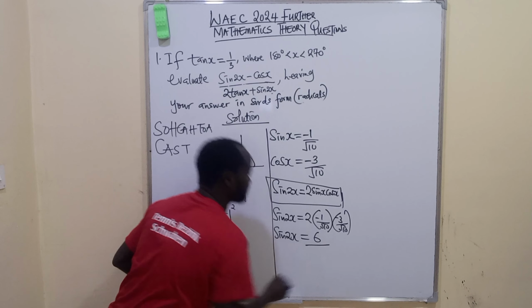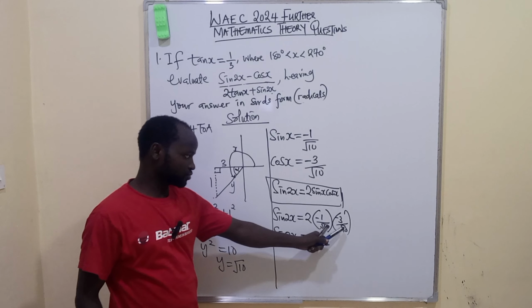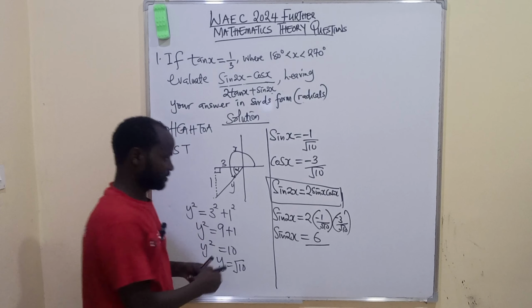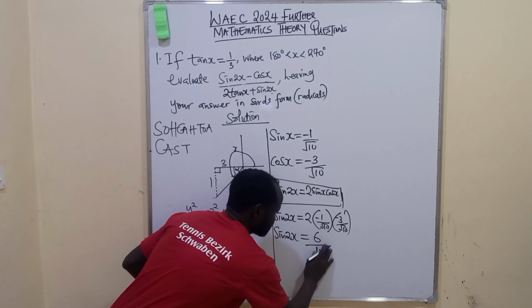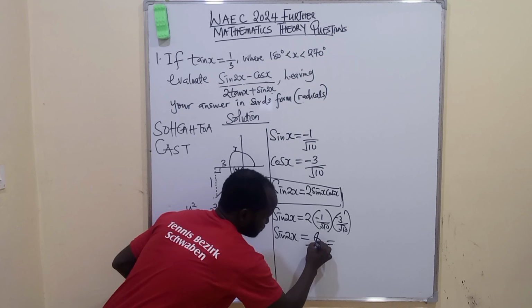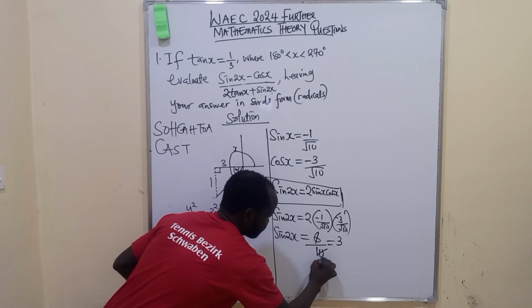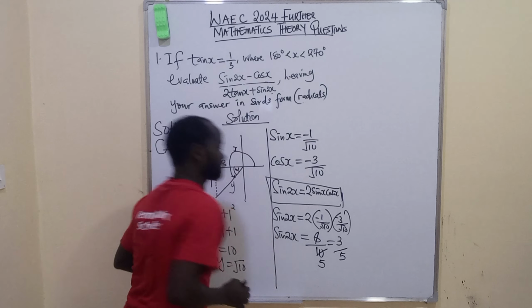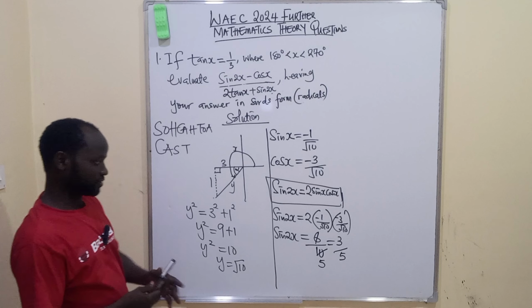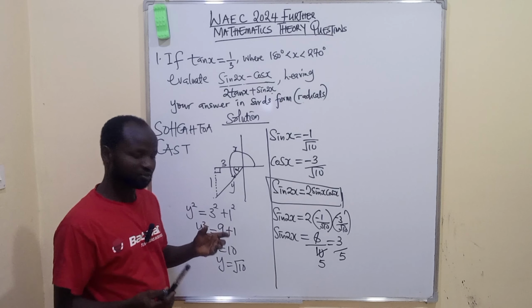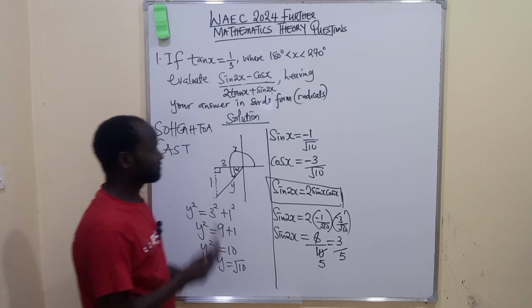This will be 6 divided by root 10 times root 10, which is 10. We can reduce the 2 here, 3, and 2 here, 5. That will be 3 divided by 5. So sine 2x is nothing but 3 divided by 5.